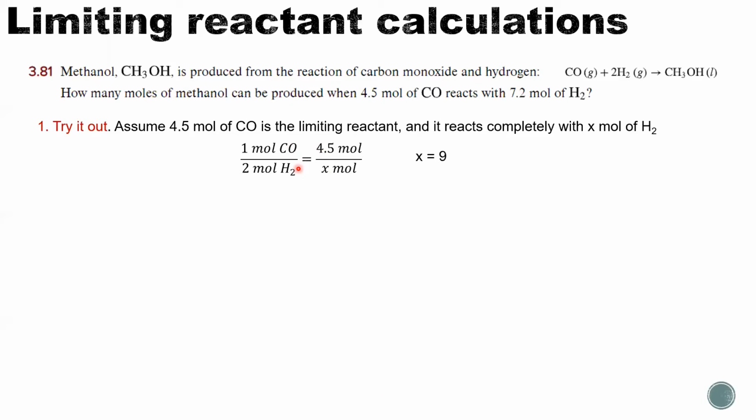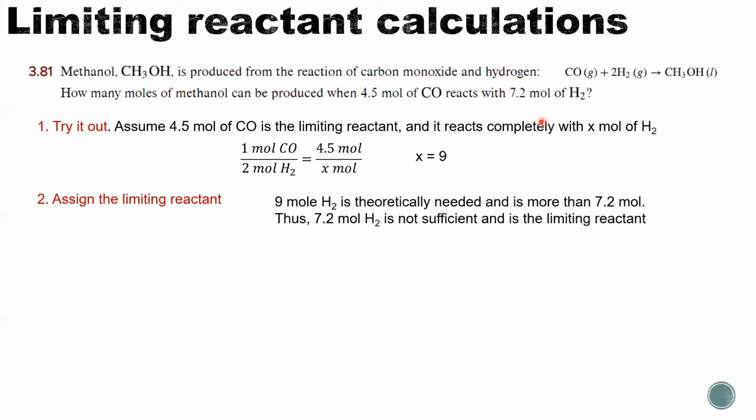Then we can assign which one is the limiting reactant. If CO needs to be completely reacted, we need 9 moles of hydrogen. Now, we only have 7.2 moles of hydrogen. So hydrogen is not enough. So hydrogen should be the limiting reactant.